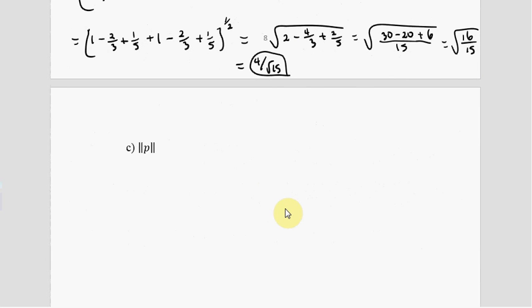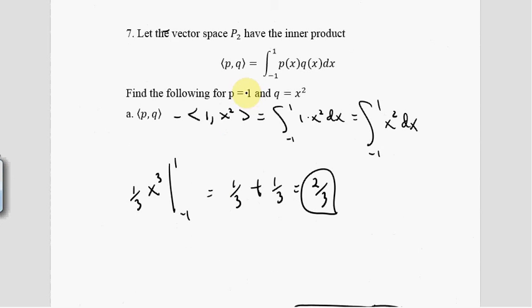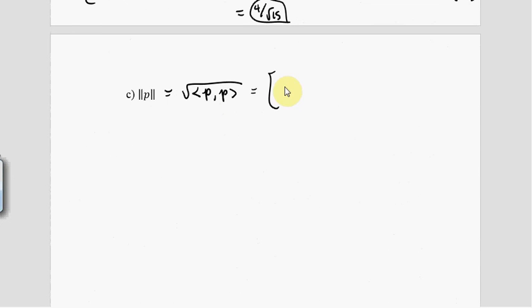Part C, this so-called norm of P is the square root of the inner product of P with itself. Well, P was the function 1, I believe. So this is the integral from -1 to 1 of 1 squared dx.